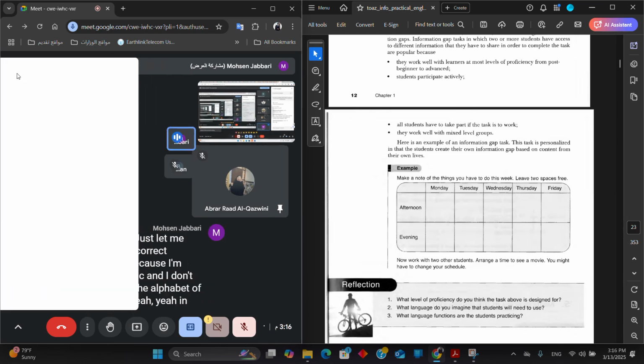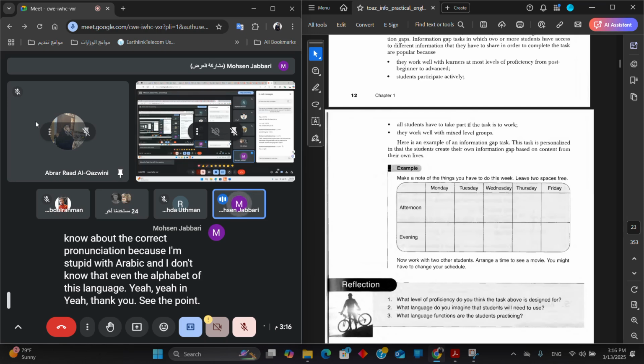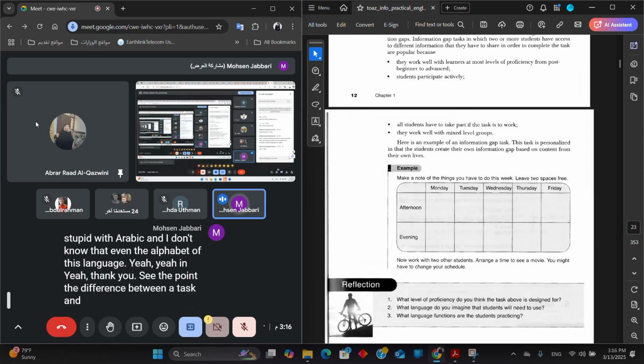See, the difference between a task and an exercise is that in a task there is always a gap of meaning, and in doing the task, students have to make use of their background knowledge, their schema, as we read in the chapter. But when we say exercise, we mean something rigid, something that does not require much understanding.